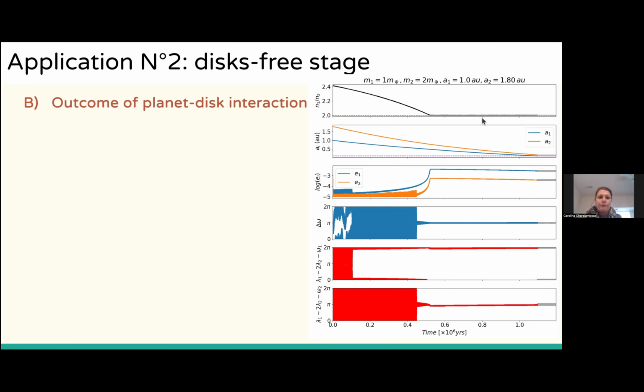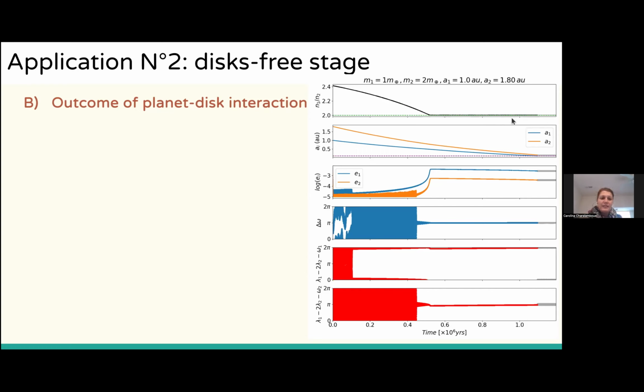And so coming back to this, once we make the planets migrate and they get captured in the resonance, we see that they don't go away.